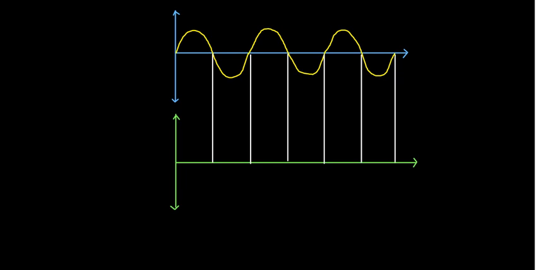This is our V input, this is T by 2, that is T, then you can go further, this is 3T by 2, that is 2T, this is 4T by 2, so we'll get 2T, then this is 5T by 2, this is 3T. Actually 3 cycles are there.